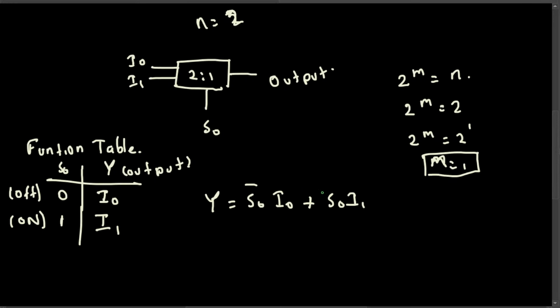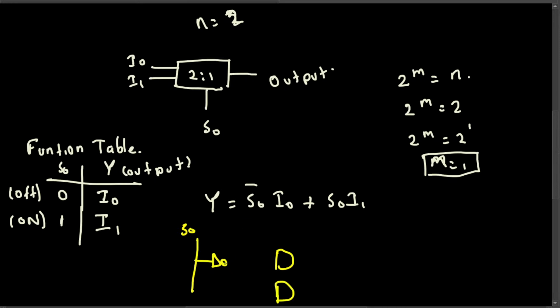Based on this, we can draw the diagram using logic gates. This is the S0 line, and if you connect a NOT gate to it, you're going to have two AND gates.